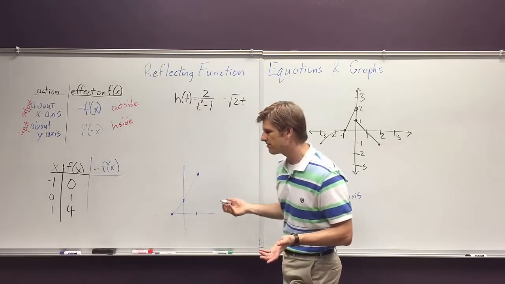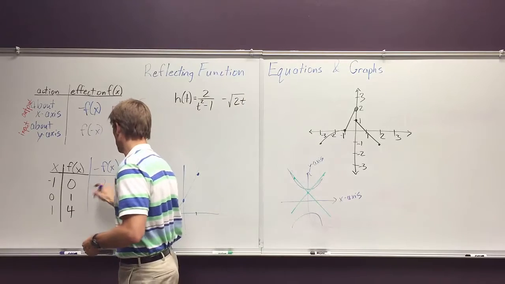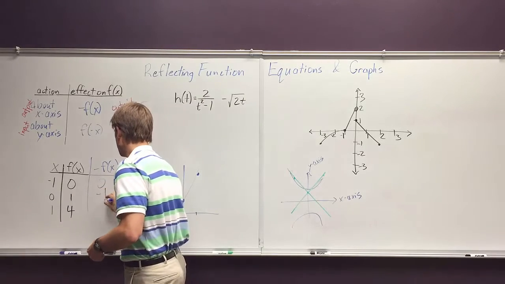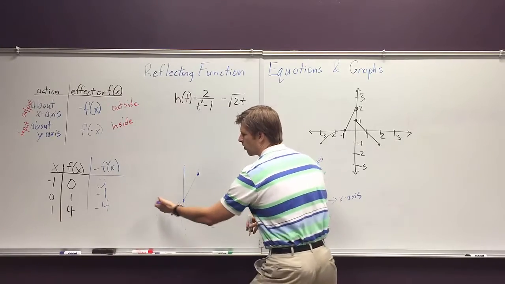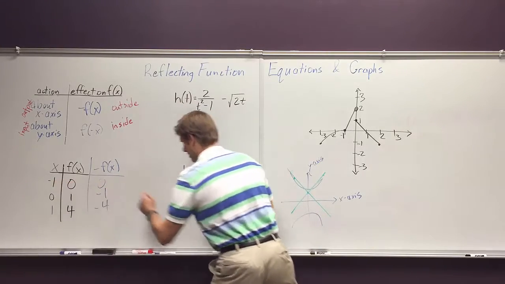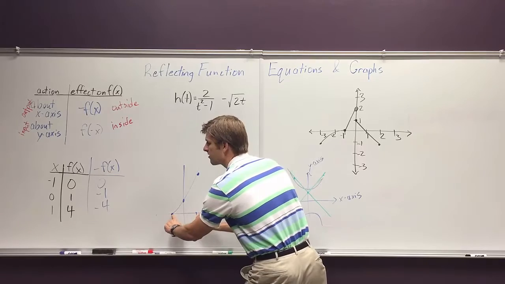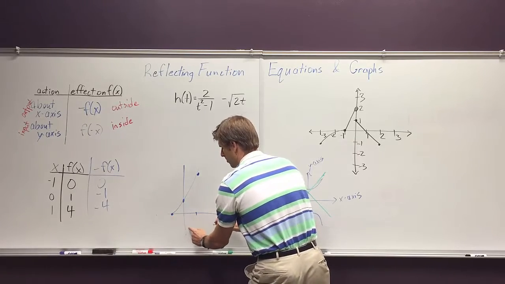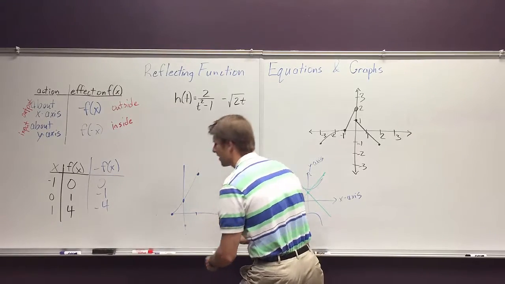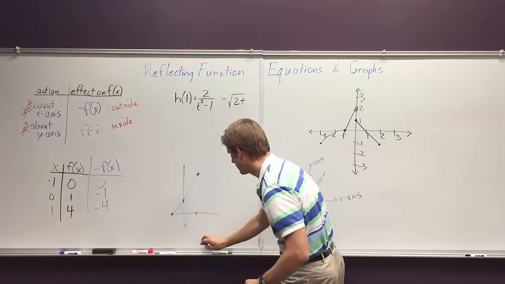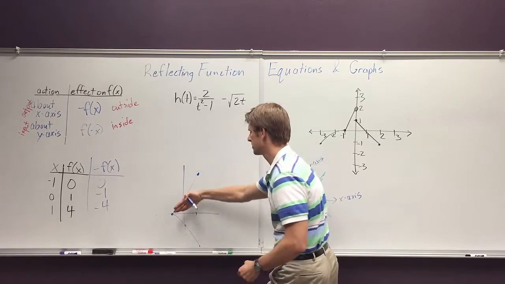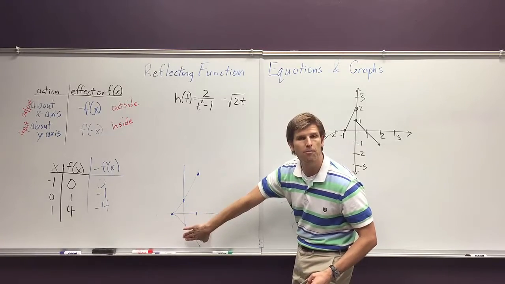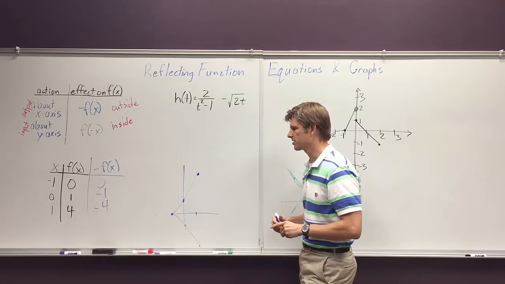Well, 0 is still 0, 1 is now negative 1, and 4 is negative 4. So what happens there? Well, this has the points 1, 0, negative 1, 0, 0, negative 1, and 1, negative 4 down here. So can you see that? What happened was this graph got reflected about the x-axis.